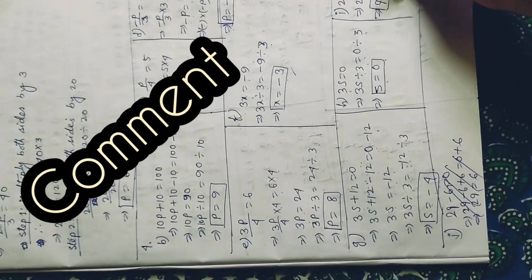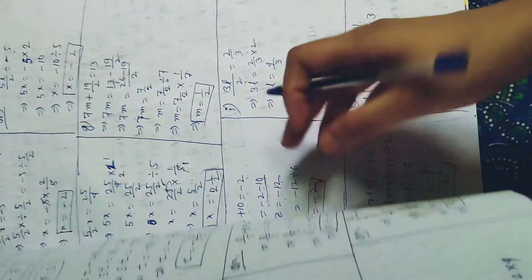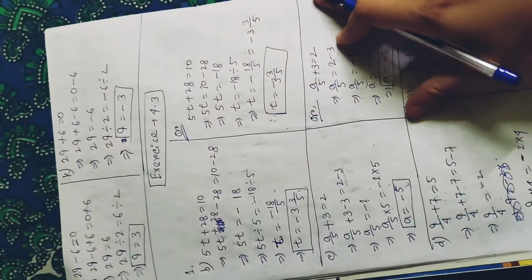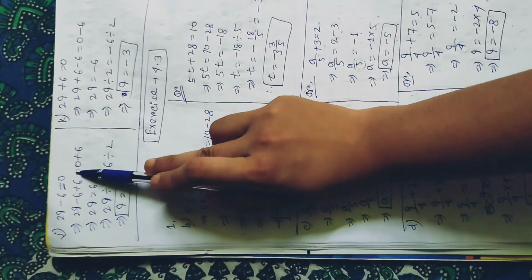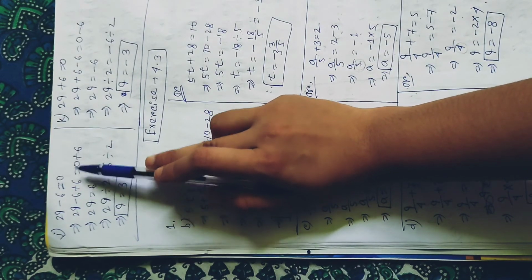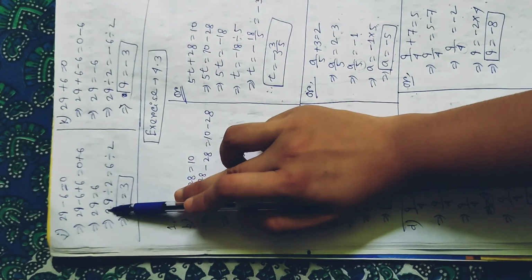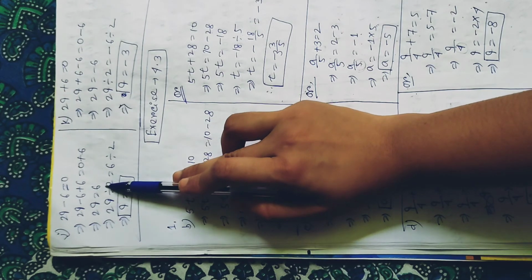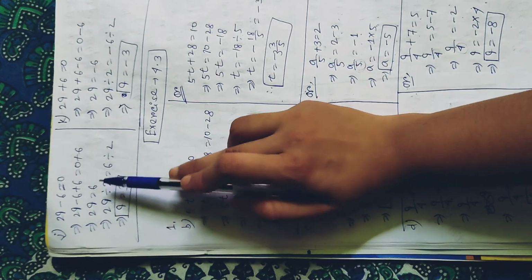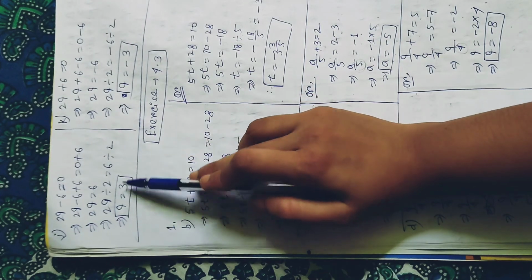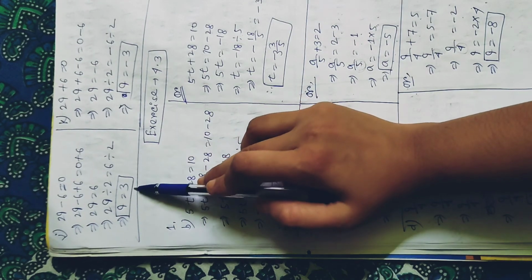Okay, then the next will be 2q minus 6 equals to 0. Minus 6, both sides will be plus 6. So 2q equals to 0 plus 6 is 6, and 2q divided by 2, because 2 is multiplied, both sides will be q equals to 6 divided by 2 equals to 3.